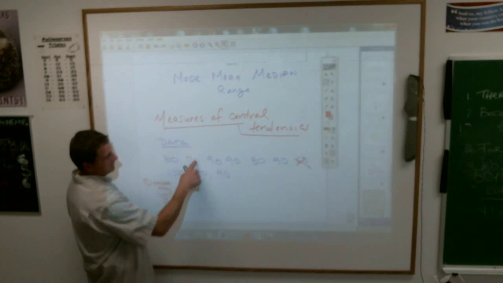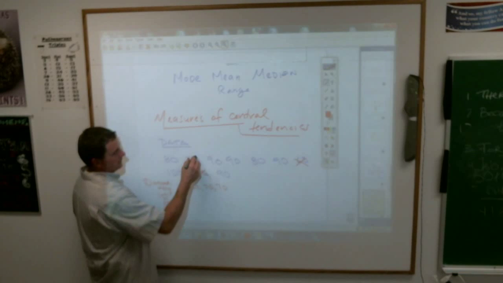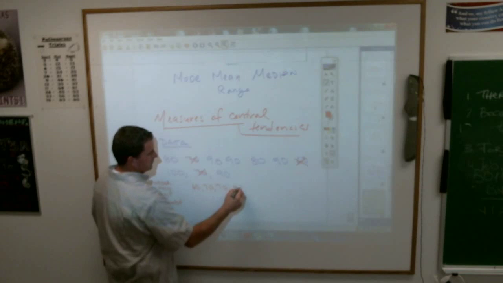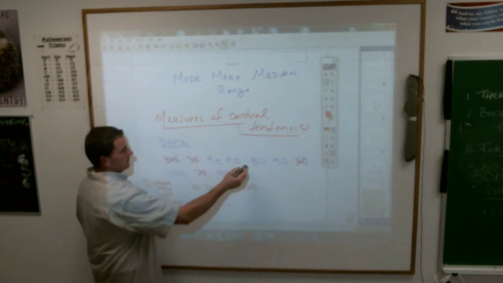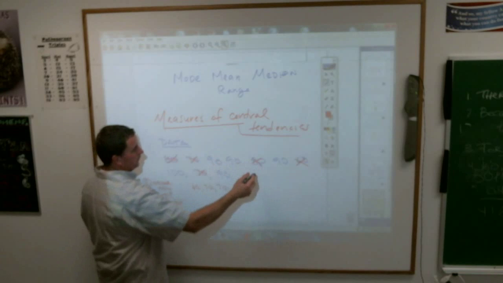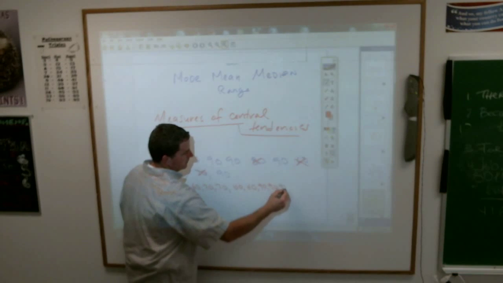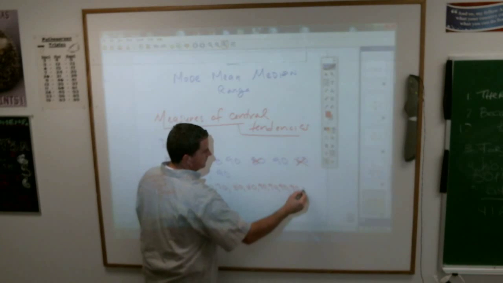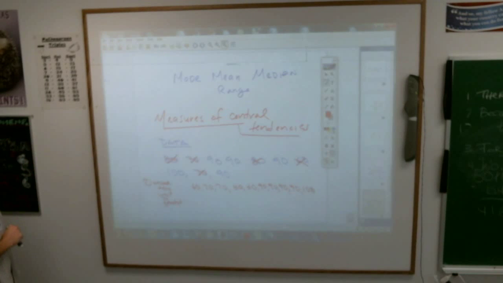How many 70s? 2 70s. How many 80s? 2 80s. 1, 2, 3, 4 90s, and 1 100. We've done these before, I know, so you're just somewhat quiet.